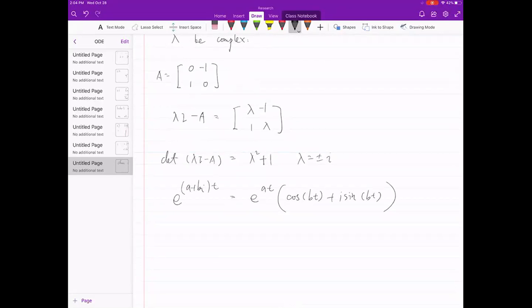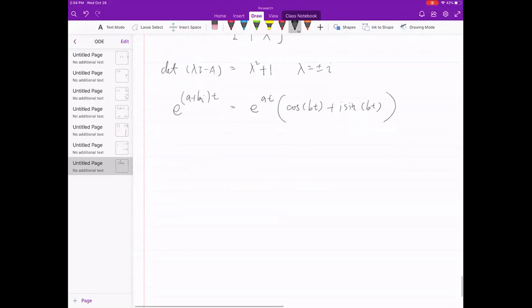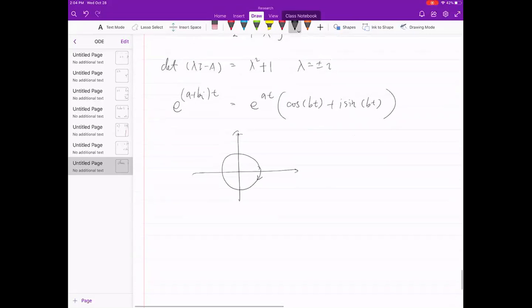So do you always have a straight line solution? The answer is no. Do you remember the harmonic oscillator? Recall, do you have a straight line solution there? No. Why is that? Must be that you don't have a real eigenvalue. Therefore, you cannot have a straight line. You have rotations. Okay, if you don't believe so, just take a very easy example.